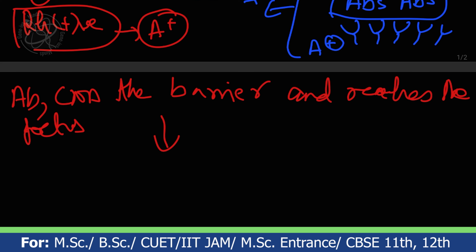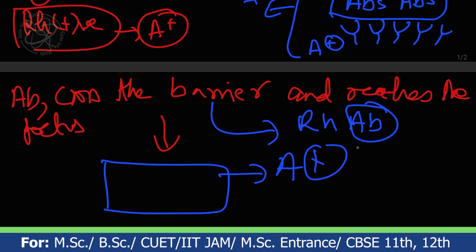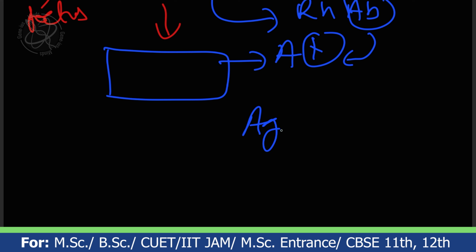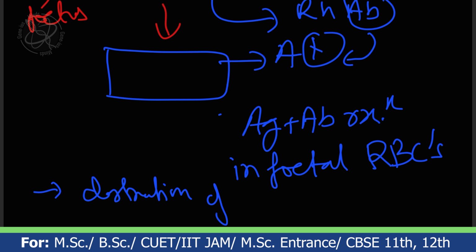Now students, what is the blood group of the fetus? It is A positive. What is coming from the mother is the Rh antibody. Now what is going to happen over here? This antibody is against this blood group. So there will be an antigen plus antibody reaction in the fetal RBCs, which causes the destruction of the fetus's RBCs, isn't it?